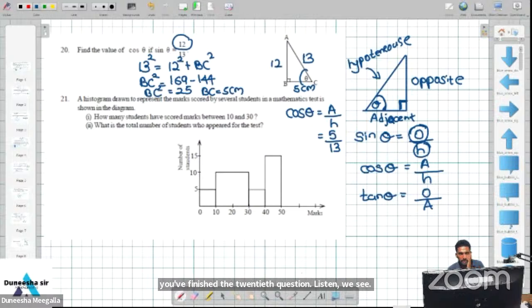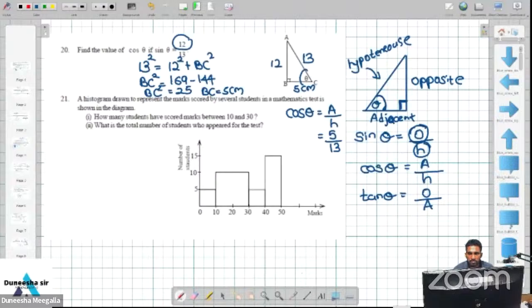Do you have any problem for the 20? Okay, find the answer for the 21. You see, එකට කීයද ආවේ බලන්න.